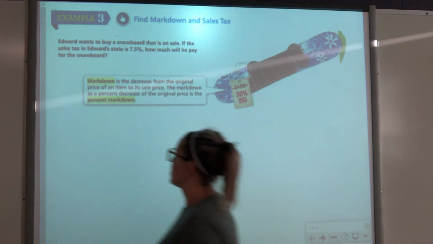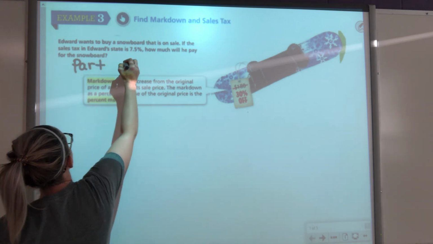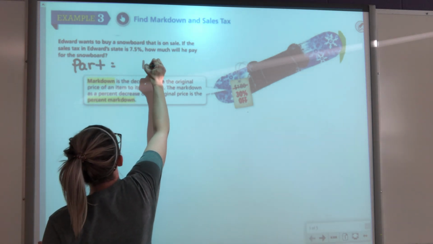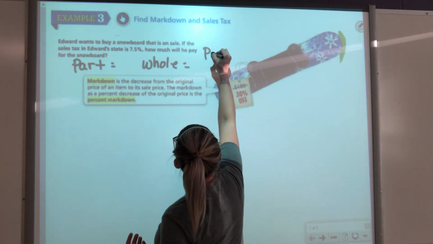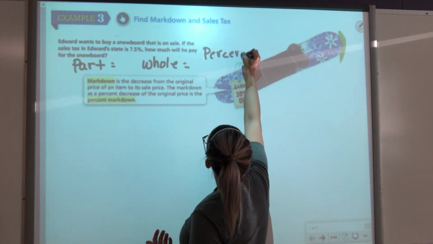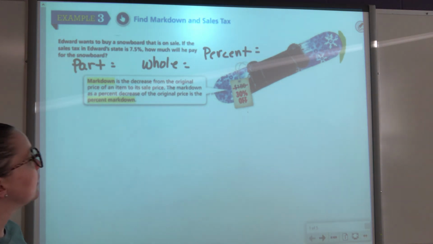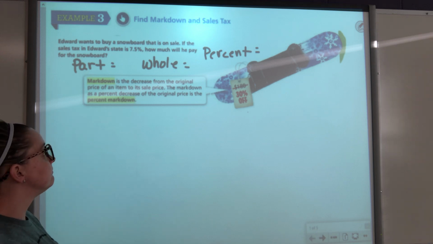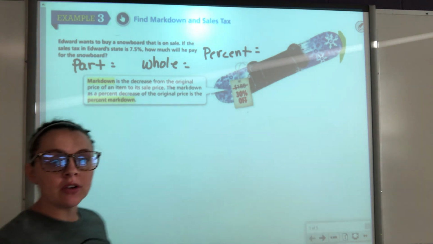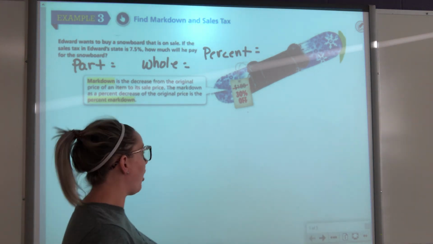So let's think about our part, our whole, and then the percent. Do we know how much we're going to take off of the item? No, we don't know how much we're going to take off the item. Do we know what the entire item costs?